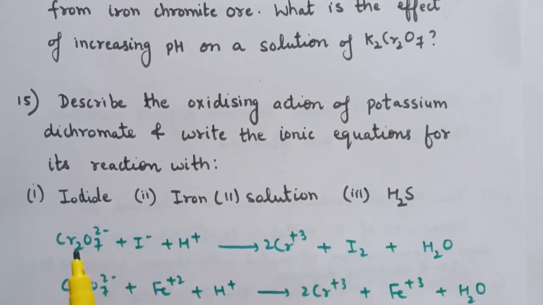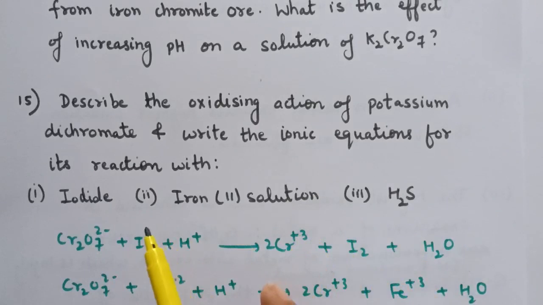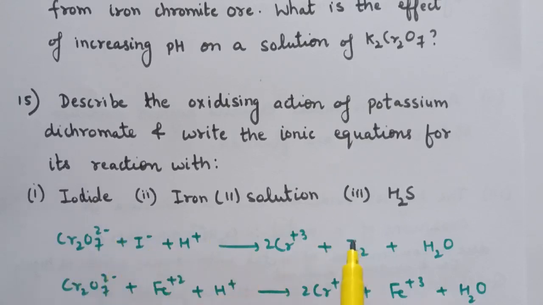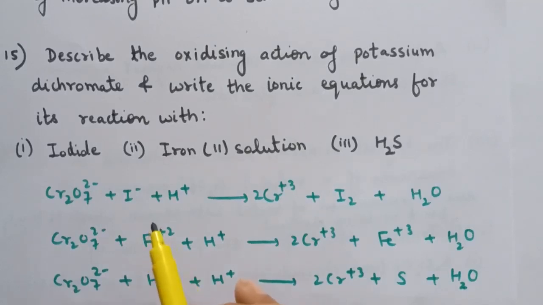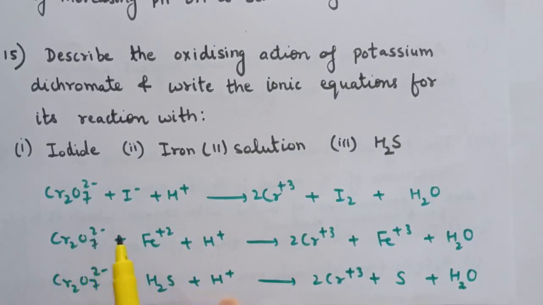Here Cr2O7 2- will convert to chromium +3, and this iodide ion will convert to iodine. Next is with Fe+2, this dichromate ion again acts as an oxidizing agent and it will oxidize Fe+2 to Fe+3.